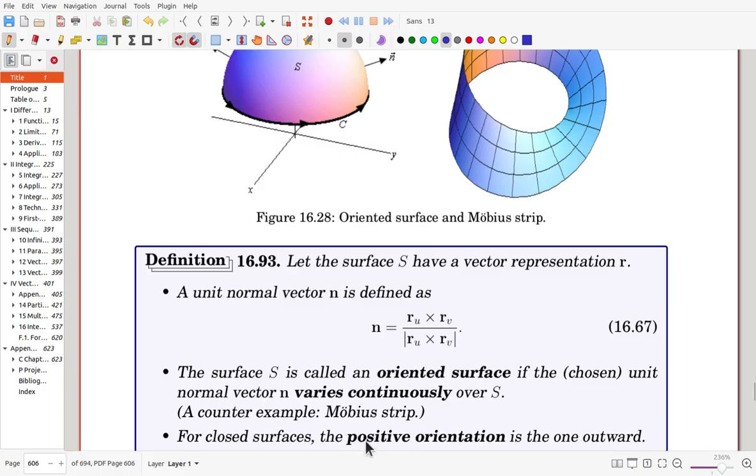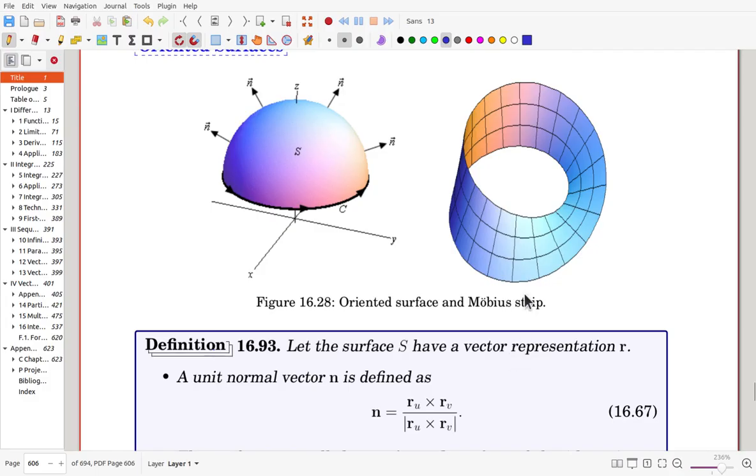A counterexample is a Möbius strip, which is made from a strip where one end is turned 180 degrees and attached.